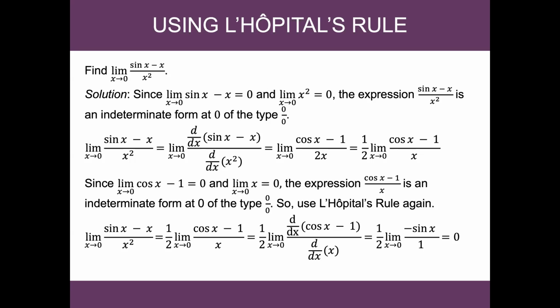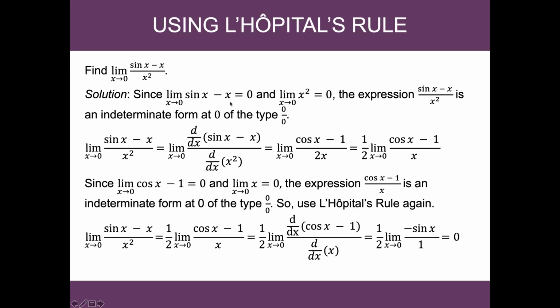That's the idea of determining if it's an indeterminate form. So what we're able to do is use L'Hopital's rule, which says taking the derivative of the top and the derivative of the bottom will end up giving us the same limit as the original problem.